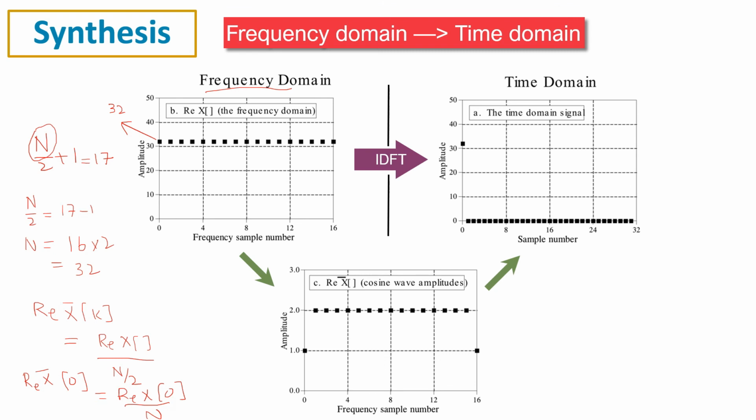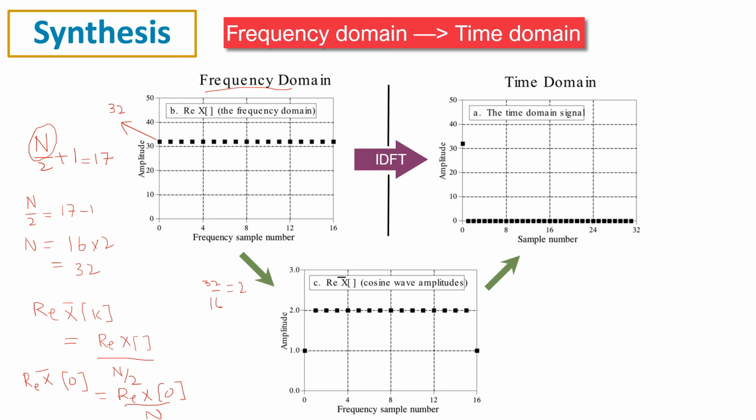Starting from sample number 1 until sample number 15, we will divide by n over 2. n over 2 is 16, so 32 divided by 16 will be equal to 2. All the points other than the first and last point are 2.